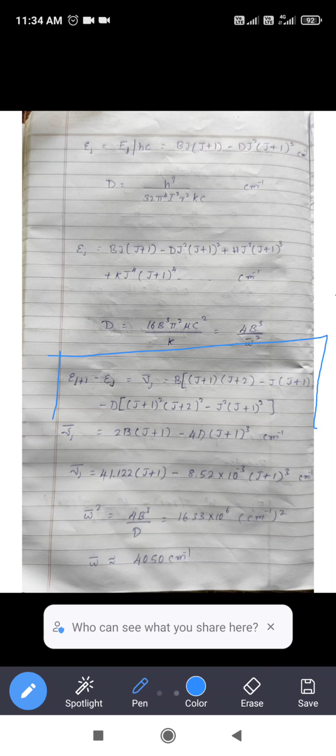Nu J bar is the absorption line from the transition EJ plus 1 to EJ, which is equal to B times J plus 1 into J plus 2, replacing J with J plus 1, because EJ is equal to B times J into J plus 1. Here we find the EJ plus 1: replace J by J plus 1, we get J plus 1 into J plus 2 minus J into J plus 1 for this term.